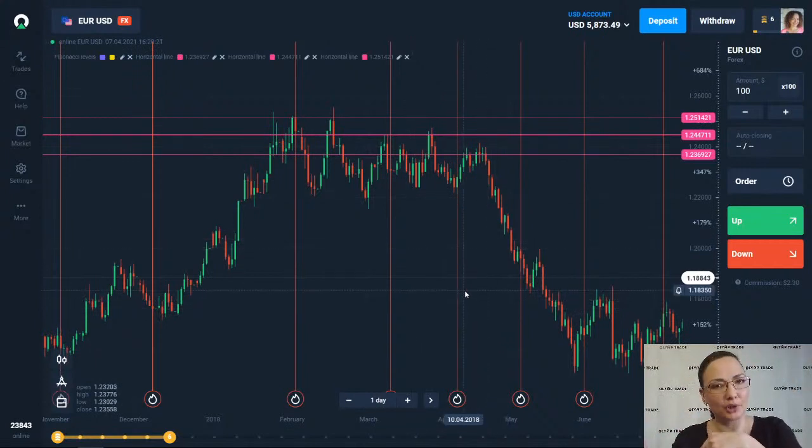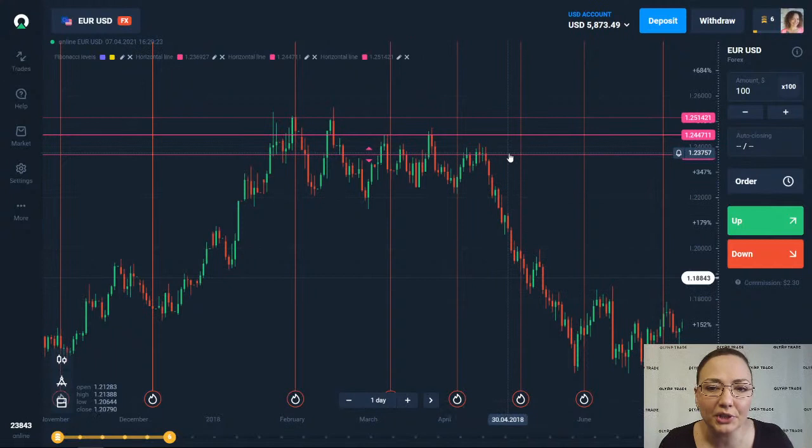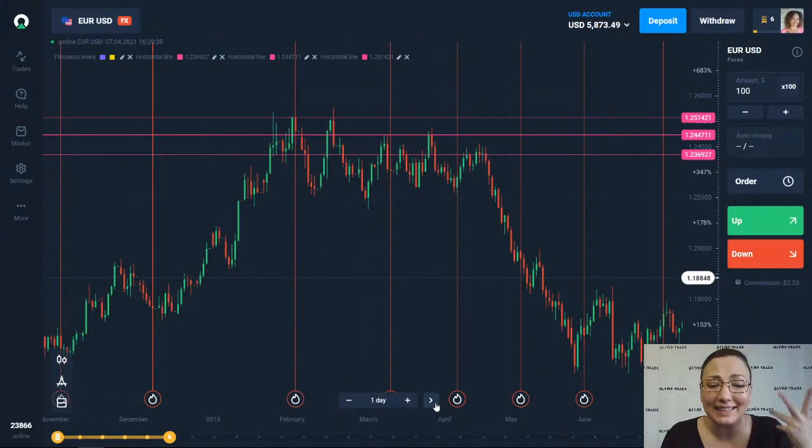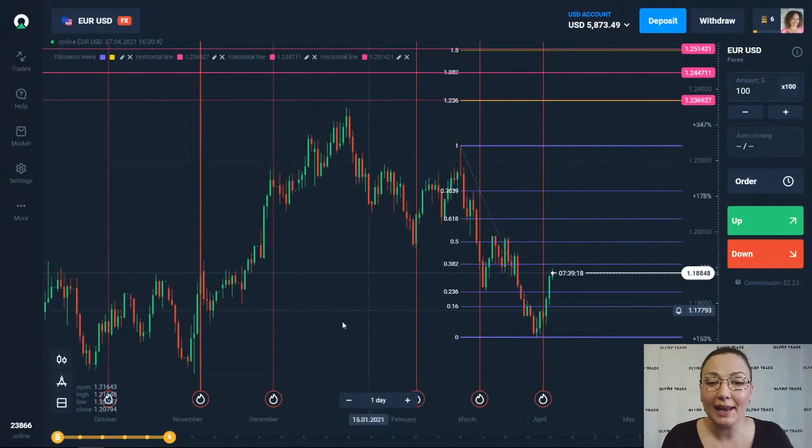Jumping back to what I was just showing you, this is the 23.6, a level that was clearly used in 2018. 38.2 clearly was used as resistance here and support here. And likewise, the 50% also was used strongly in 2018.